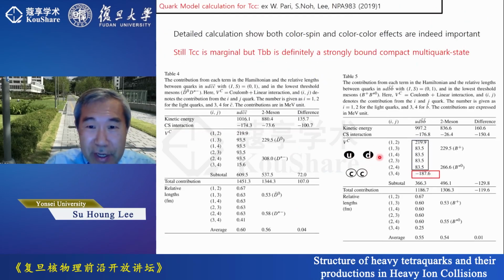And what you will find, as I said, is that this is a complicated table, but this is a full quark model calculation. This is the color-color interaction. As I said, if you have a color-color, the dominant configuration for BB indeed gives you an attraction compared to this.